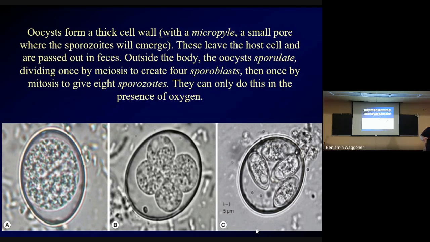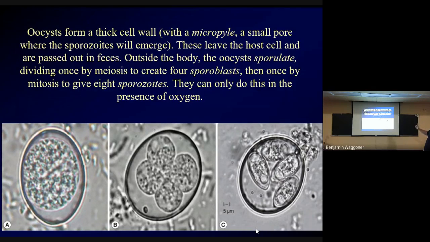So once they're outside the body, out in the nice fresh air, the oocysts first divide by meiosis to create 4 cells called sporoblasts, and you see that in the middle. That's stage B. And then the sporoblasts divide by mitosis to give 8 sporozoites. That's the infective stage. And that's what you're seeing over there on the right at C.